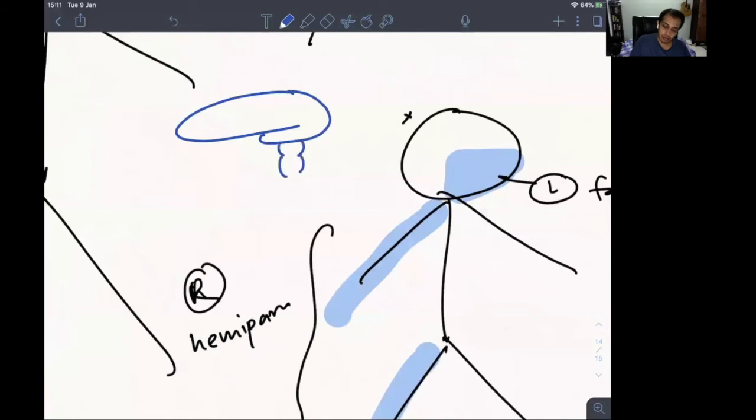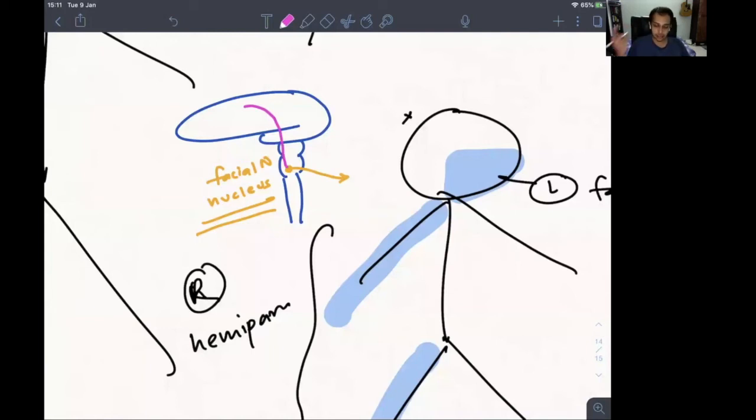Sorry, it is in the pons. So the lesion is in the pons, exactly at the level where your facial nerve nucleus is. So if there is a facial nerve nucleus involvement along with the pyramidal tract involvement, then the weakness will be on the same side as the nucleus, but the pyramidal tract will still have to cross over below. So that is why the pyramidal tract will cross over to the other side, but the facial nerve will be involved on the same side.